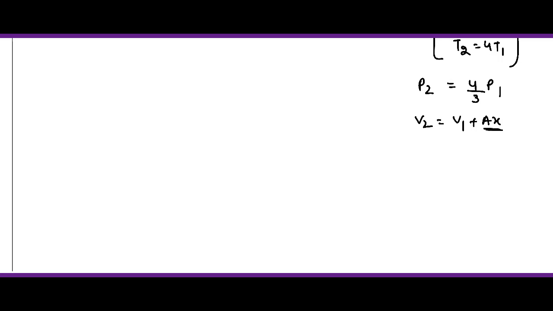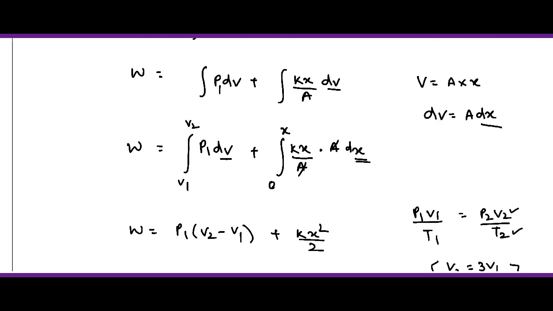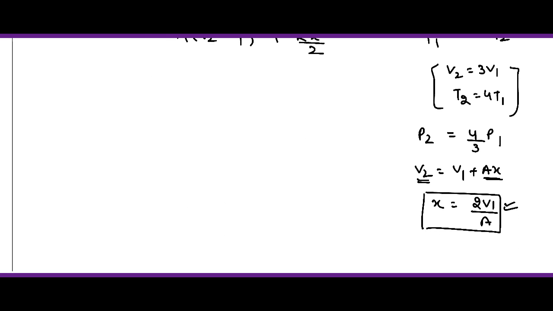So I can find out the value of X, which is coming out to be 2V1 upon A, because I am putting the value of V2 which is given in the question, 3V1. So I got my value of X, that is 2V1 upon A. Now I am going to put the value of X and value of P2 in this equation of work done.